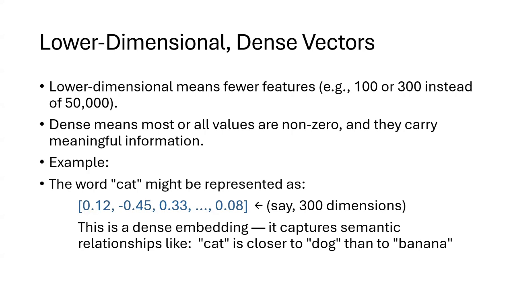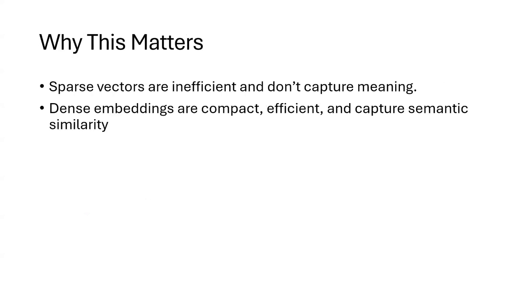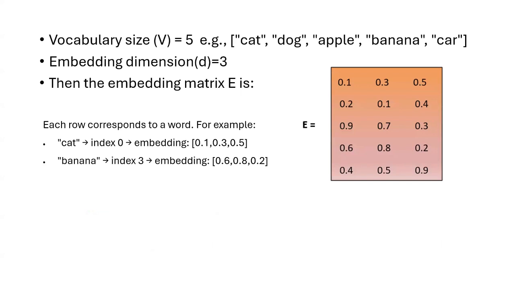Let me go ahead. We have already discussed this: sparse vectors are inefficient and don't capture meaning. Dense embeddings are compact, efficient, and capture semantic similarity. Some more information: suppose vocabulary size is 5 and embedding dimension is 3.